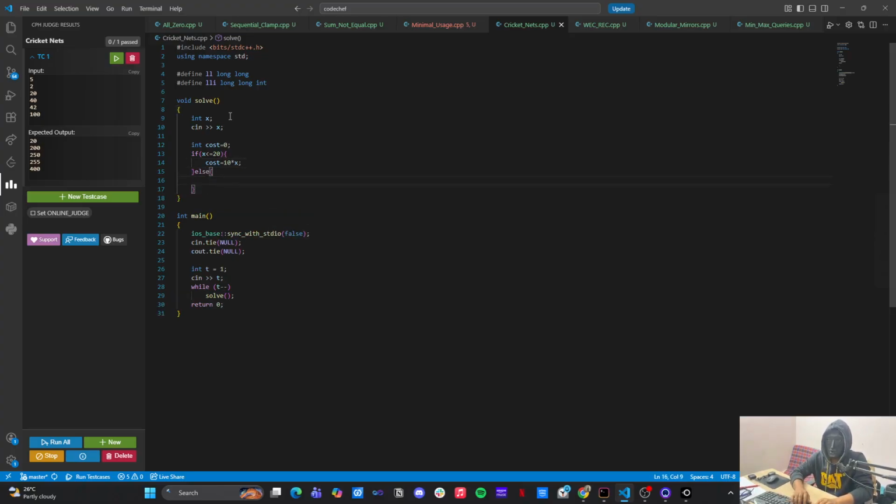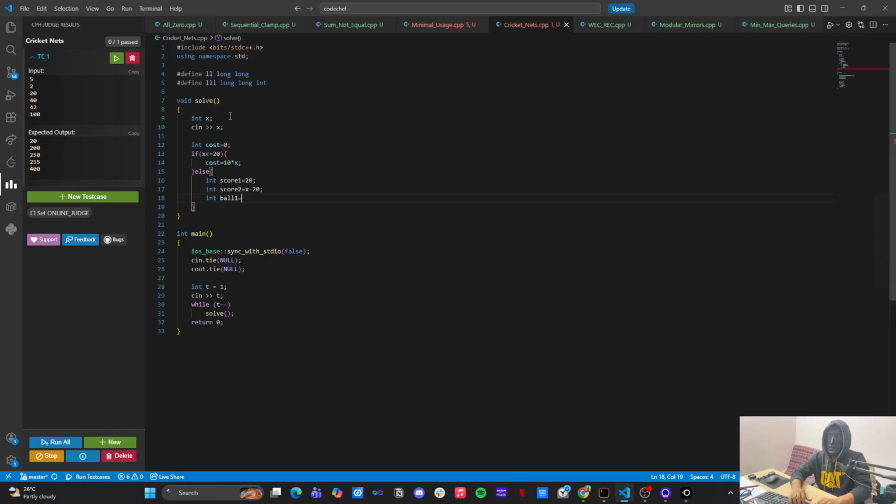Else, which means you have moved to phase 2 also. Now we need to calculate the score. Score 1 will say it is 20, and score 2 is going to be x minus 20. And how many balls you have played?